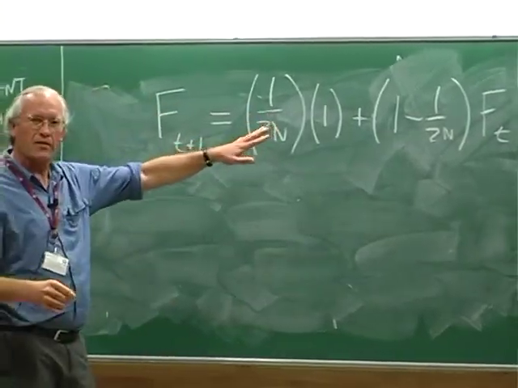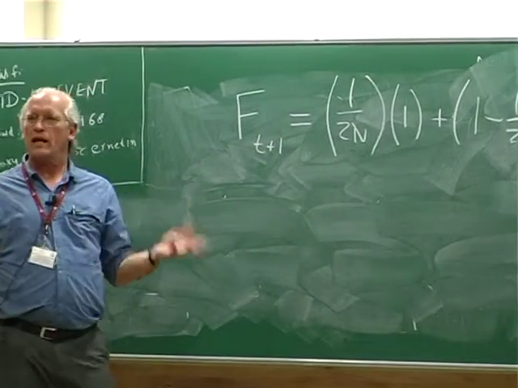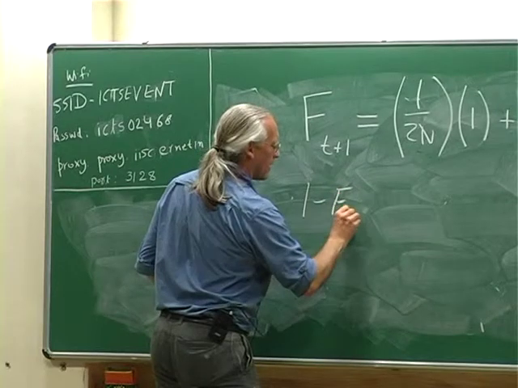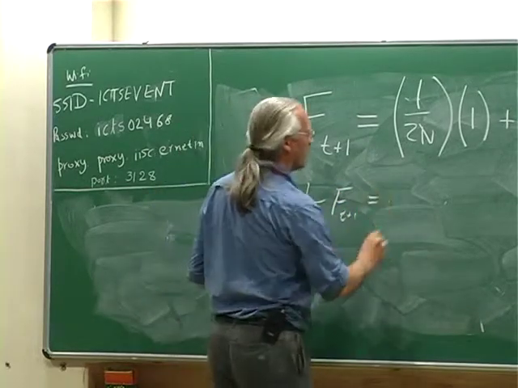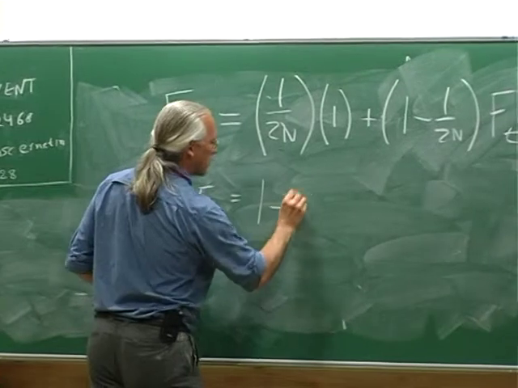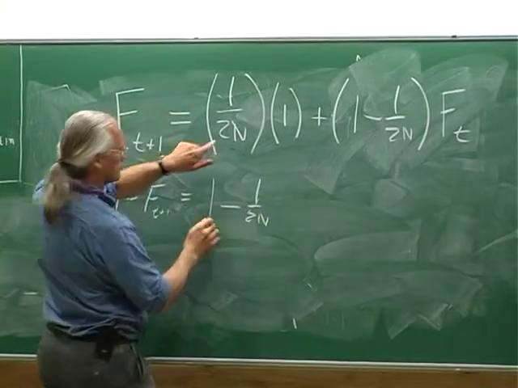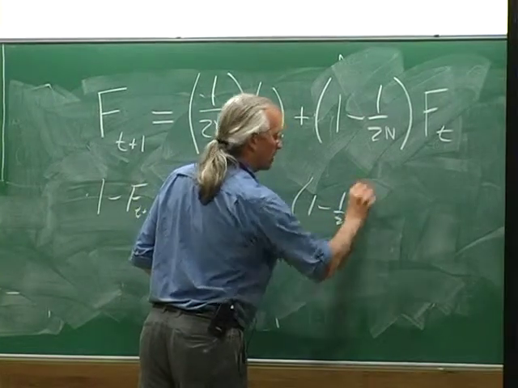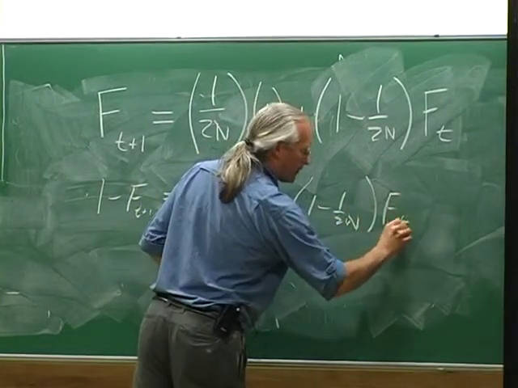So a useful thing about this one, if you subtract both sides from 1, you get 1 minus f at t plus 1. You get 1 minus 1 over 2n minus 1 minus 1 over 2n f t.